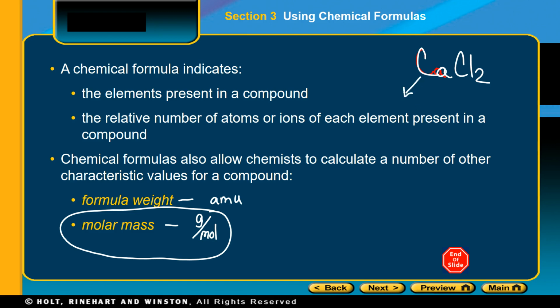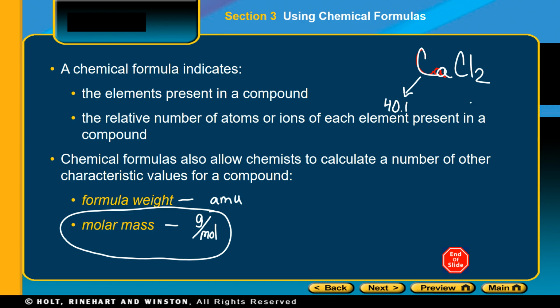So what's calcium's mass? Let's go with 1 decimal place on it. When I'm looking at calcium, it's 40.078, so I'm going to say 40.1. So calcium is contributing 40.1 AMU or 40.1 grams per mole.